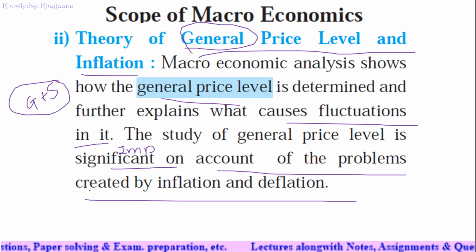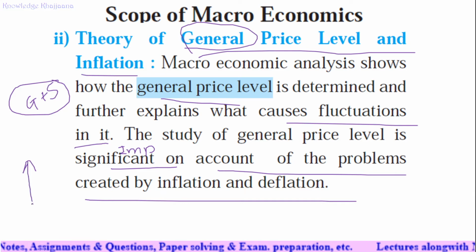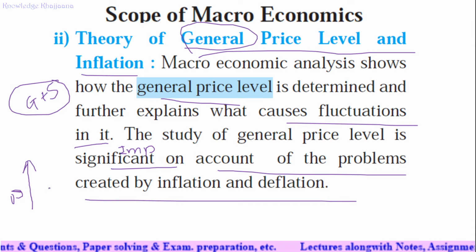This price level determines the inflation or deflation. What is meant by inflation? Rise in the price. If there is inflation, then the study of macroeconomics helps in analyzing the reasons of the inflation, the reasons for the increase in the price.